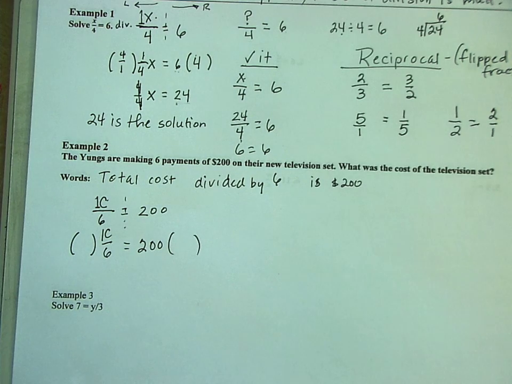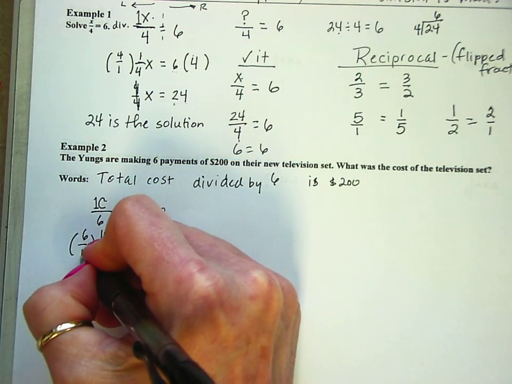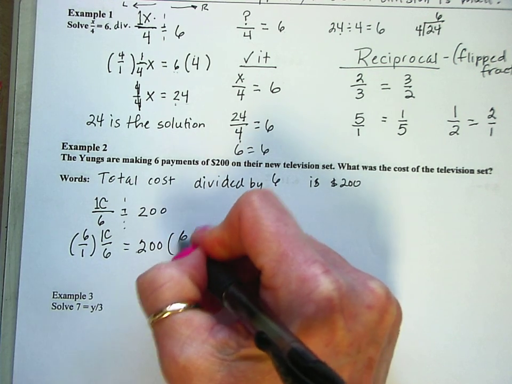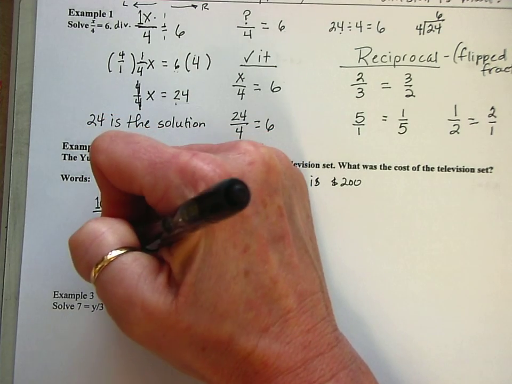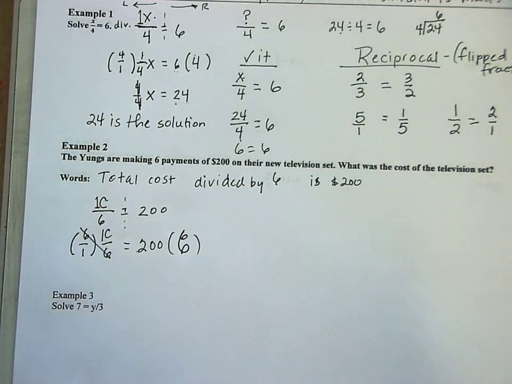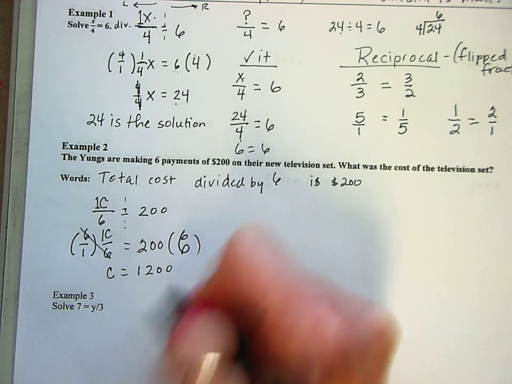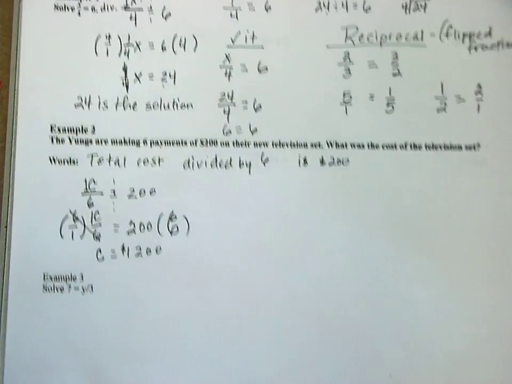What is the reciprocal of 1/6? The reciprocal is 6 over 1. And because this is a whole number, I don't have to write 6 over 1. I can just write 6. Now that's gone because that's 1, and we're left with C equals 1,200. So the total cost is 1,200.